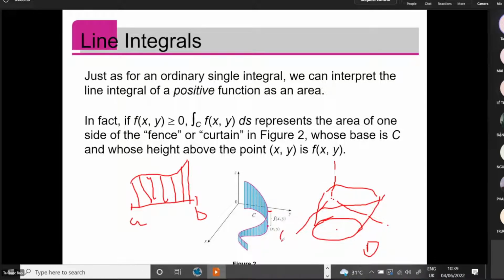So therefore we have a double integration over D of f(x, y) dA.